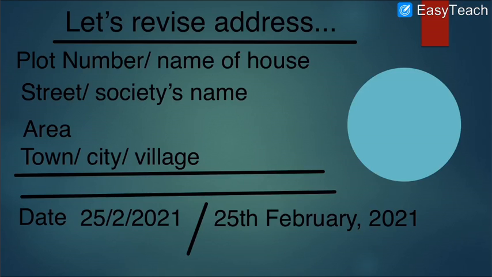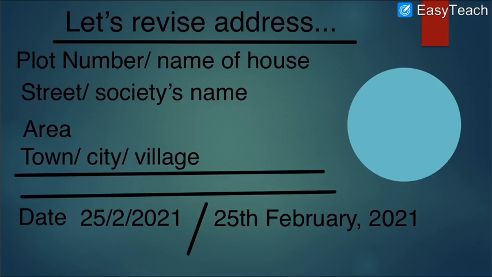And I hope that after writing these 4 things regarding the details of the address, you have left one line. Okay, so this much time I hope was sufficient for you to write the date.